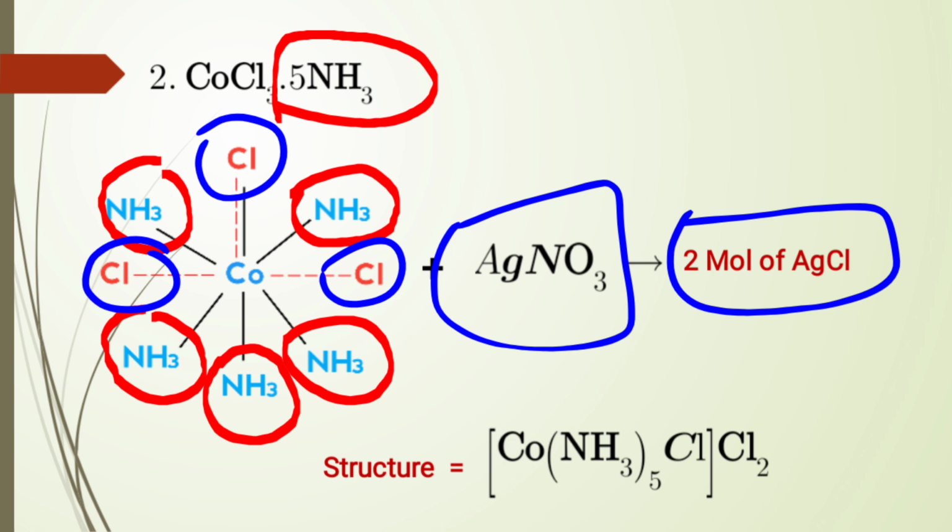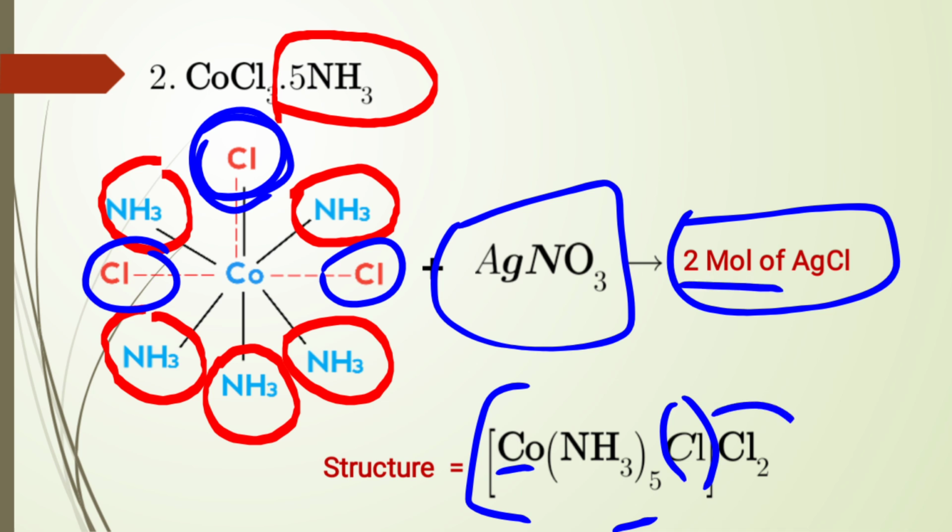Do you understand this? So to write this structure, since this one is already inside the coordination sphere because it is directly attached to the central metal atom, you write your coordination sphere, your central metal atom, the 5 ammonia and then 1 chlorine inside. Then how many will be outside? 2 moles, right? Then 2 chlorine outside. Do you understand this? Yes.